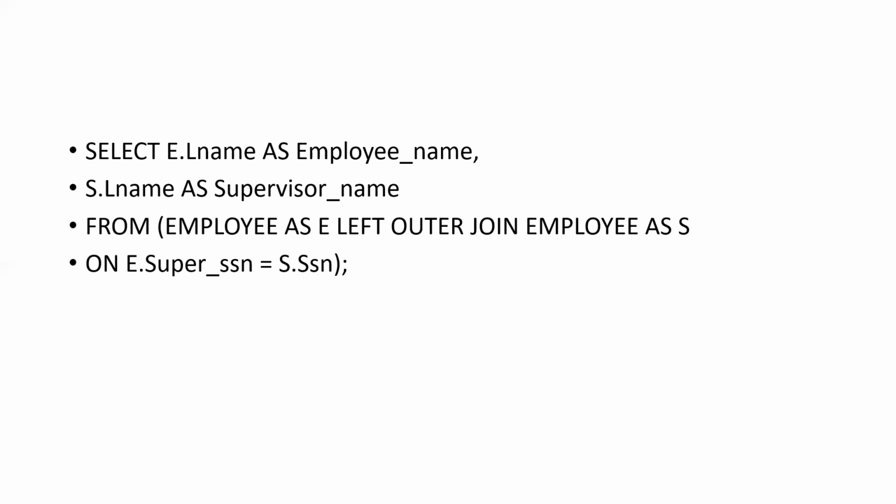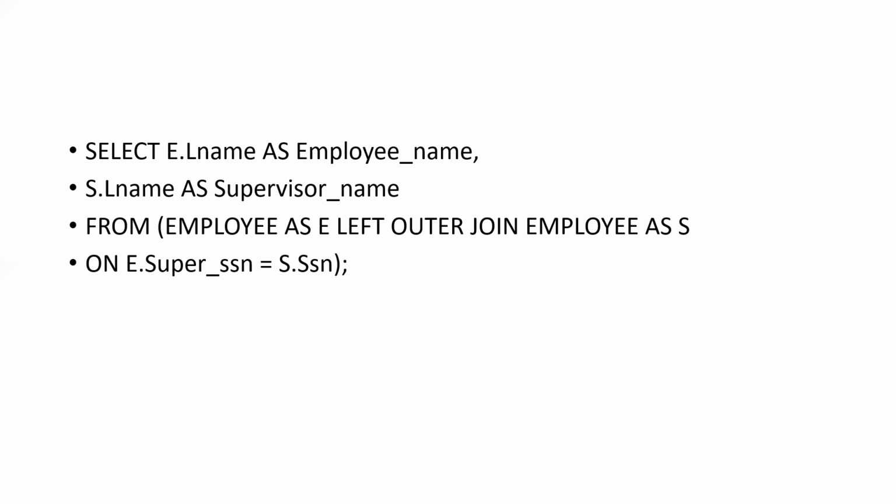But if we want to include them, we can use outer joins. Inner join matches only those tuples which are matched in both the relations. Suppose some tuples are not matched, and we want to include the unmatched tuples in the result, we can go for the outer join. This is an example of a left outer join because the left relation here is the employee relation.